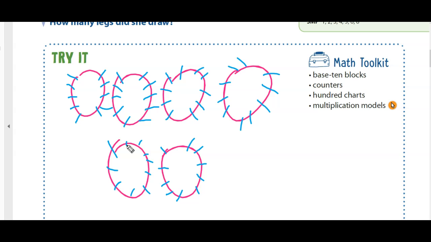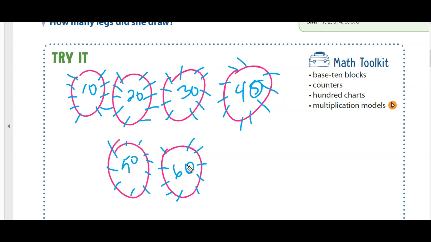So how many did you draw together? 60. Because it's 10, 20, 30, 40, 50, 60.